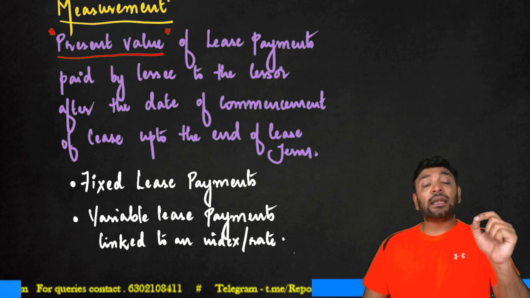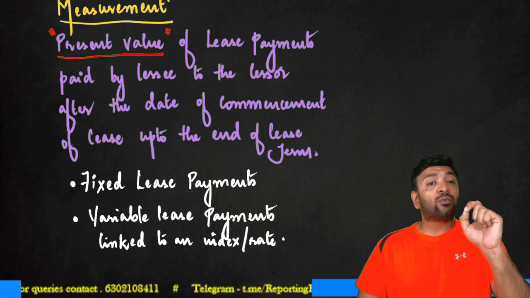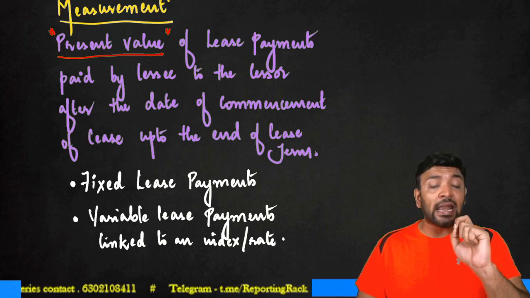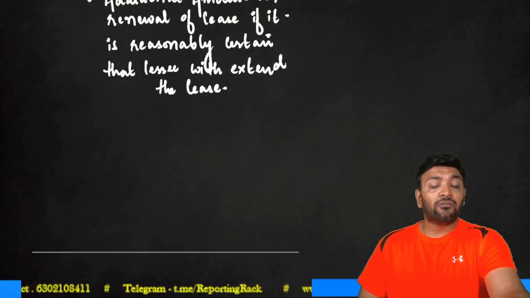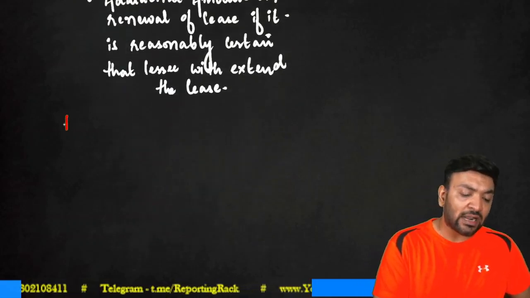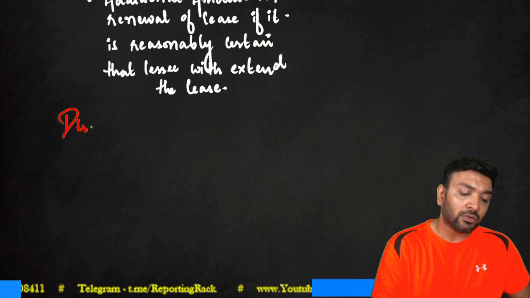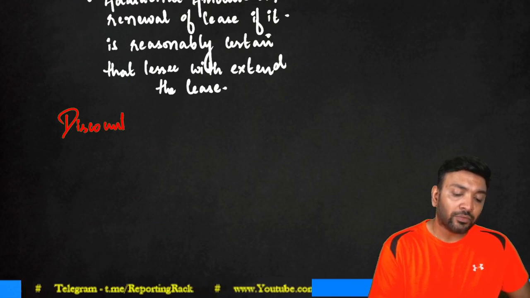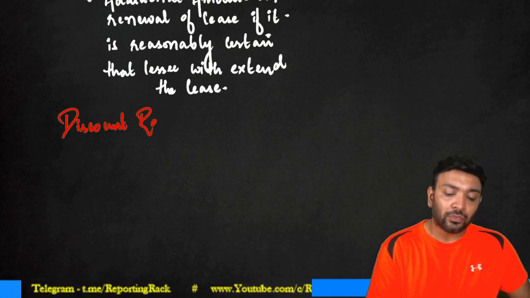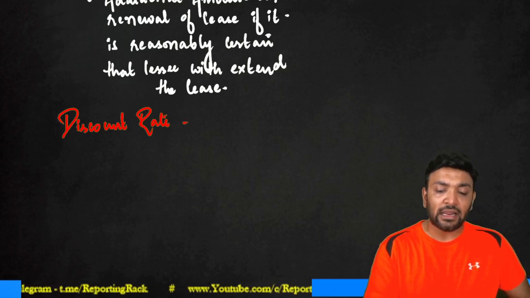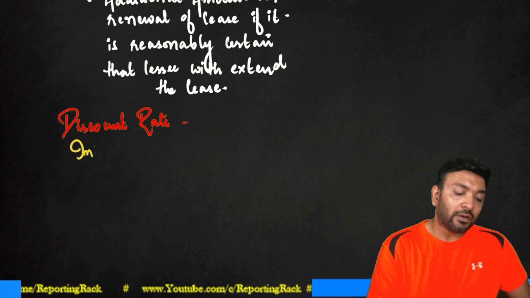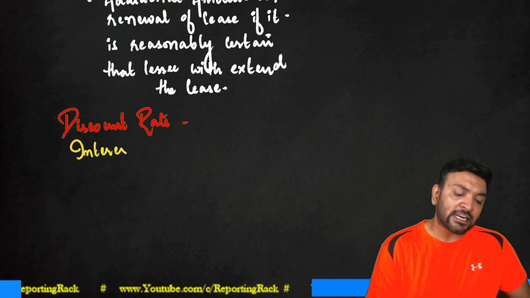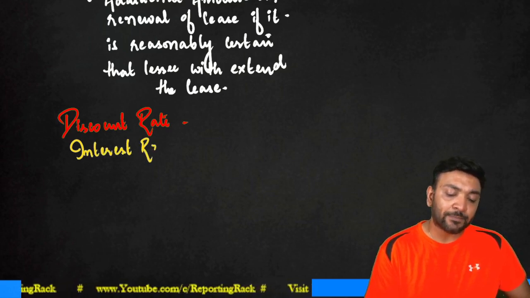If I am discounting it to the present value, then I have to look at what is the appropriate discount rate at which these cash flows are discounted. We have already discussed the discount rate. Discount rate is the interest rate implicit in the lease.